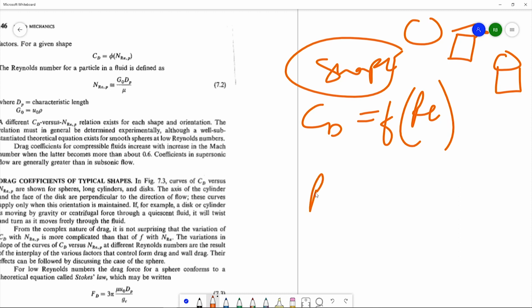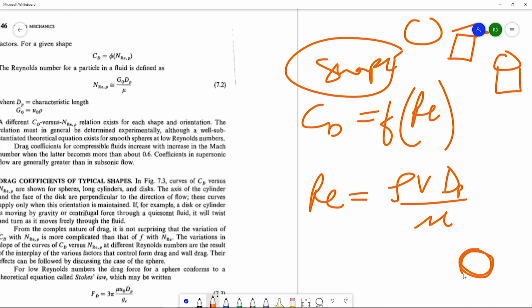And what is Reynolds number? How do you define Reynolds number? Rho V d by mu. What is d? d is the particle diameter. V is the velocity of the fluid, and mu is the viscosity of the fluid. Here it is given as G dP.